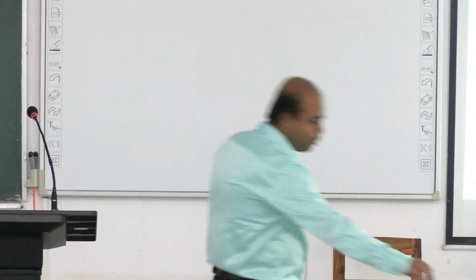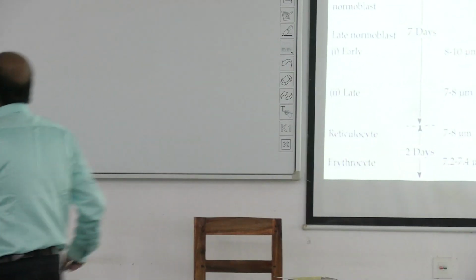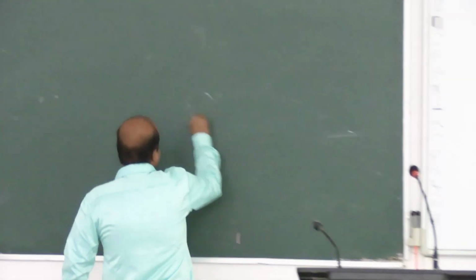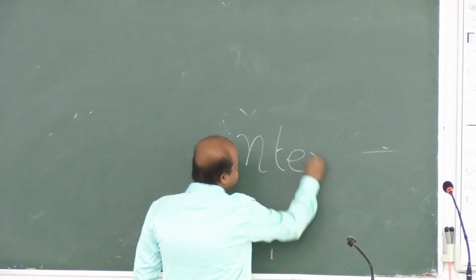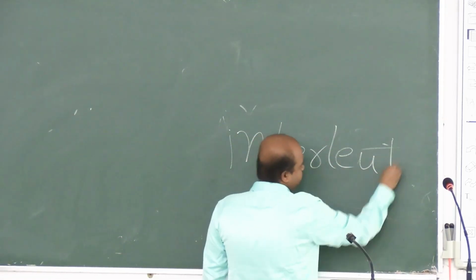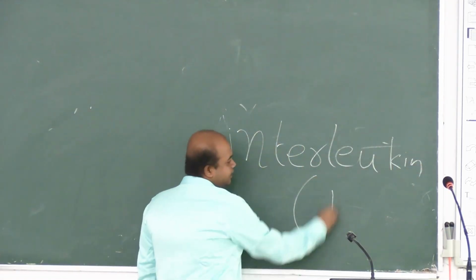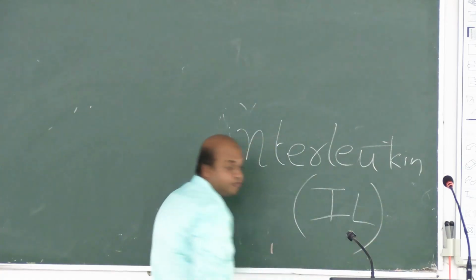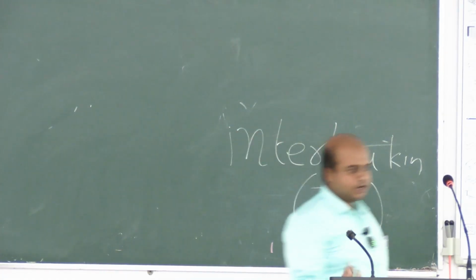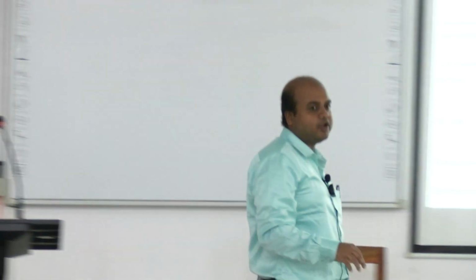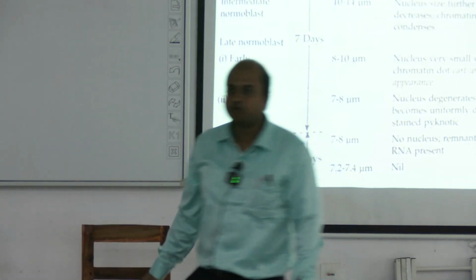The full form is interleukin. We will again get these terms in various discussions. IL is a very standard accepted abbreviation. There are various types, IL 1, 2, 3, 4, 5. IL-3 is needed for erythropoiesis.